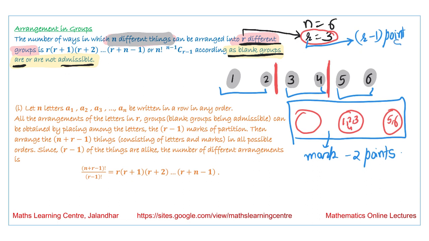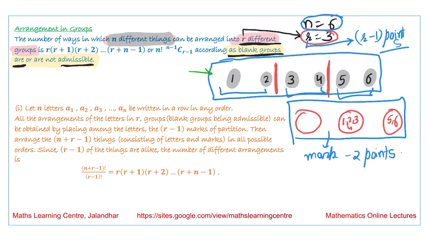So if we mark these points and we have a total of 6 objects, then if we find the sum of all these, we have a total of 8 places at which we have to arrange these 2 points.